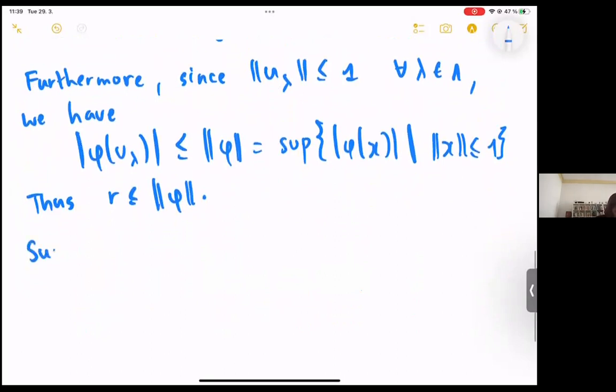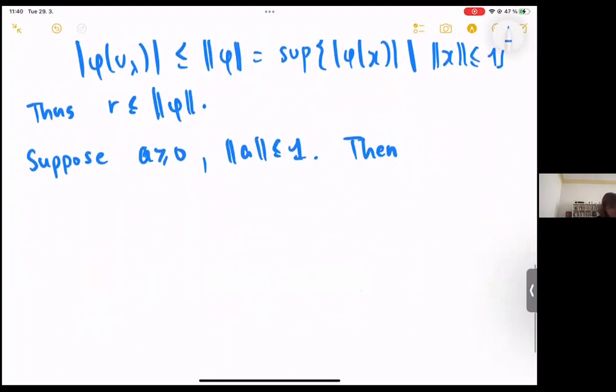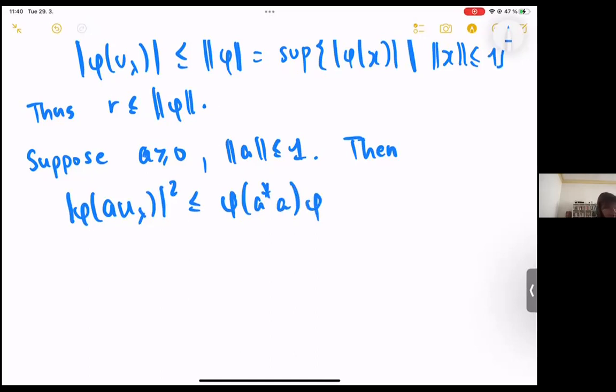Okay, so now suppose A is a positive element, norm at most 1. And we can do a few calculations here. So first of all, we have that phi of A u lambda squared, using the Cauchy-Schwarz inequality, is at most phi of A star A. Well, I guess if A is positive, we don't really need the star there.